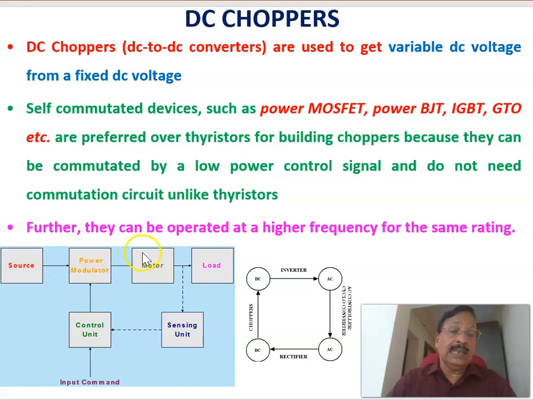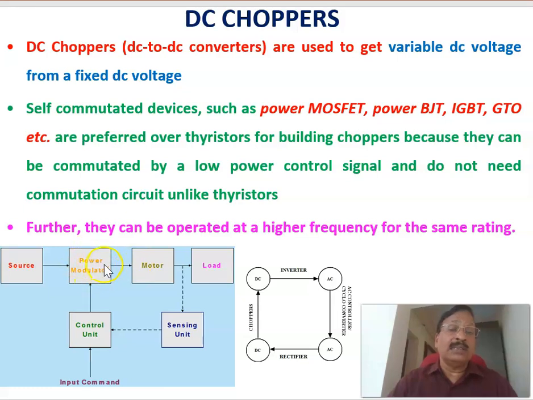Now, let us see the role of DC converters, considering a power system circuit as such. Here this is a source and this is a load, which is taken as a motor, and the motor is coupled to a mechanical load. This is called the power modulator. If the input is a DC source and the load is either a DC motor or a battery, a DC to DC conversion is required.